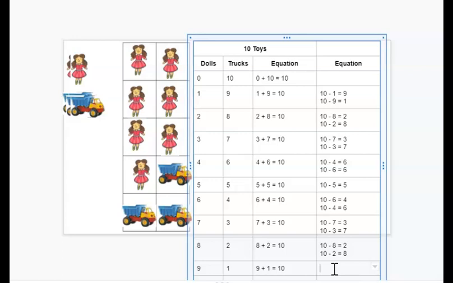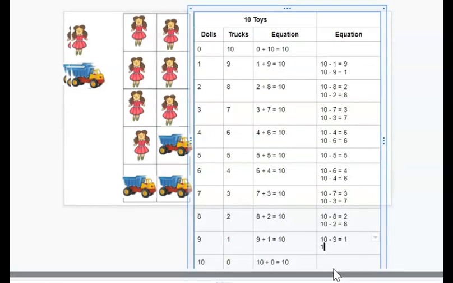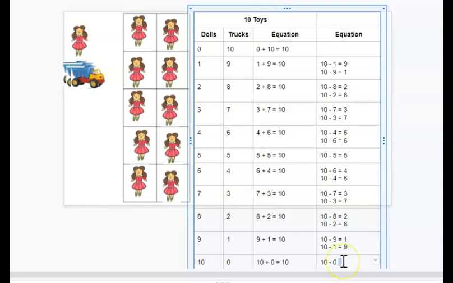9 plus 1 equals 10, so I know 10 minus 9 is equal to 1. And I know 10 minus 1 is equal to 9. Now, let's look at 10 and 0.